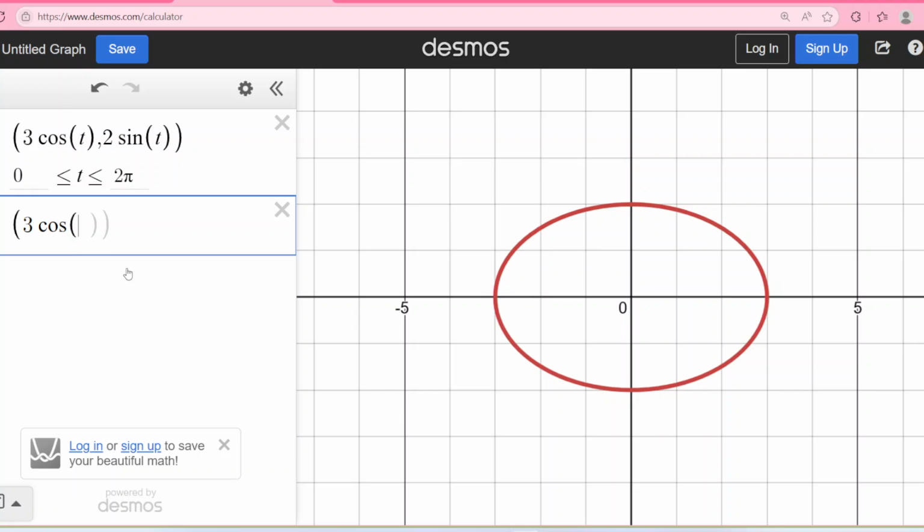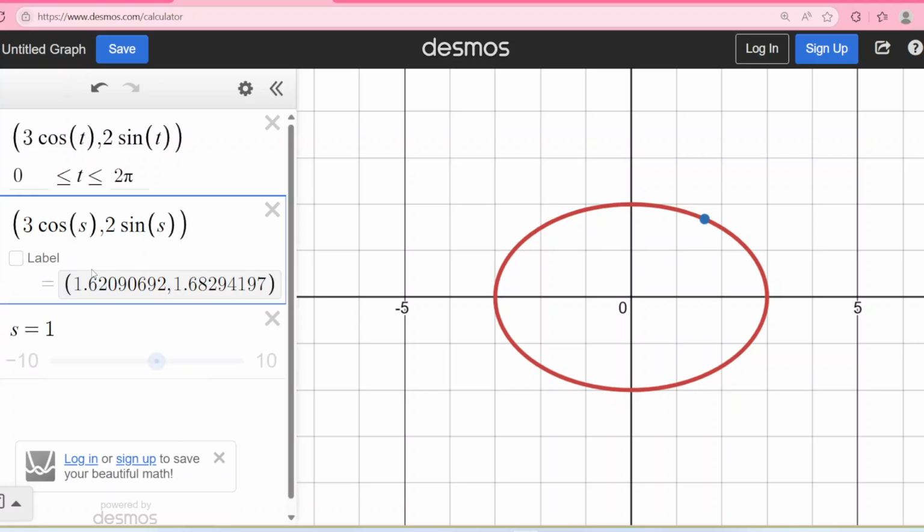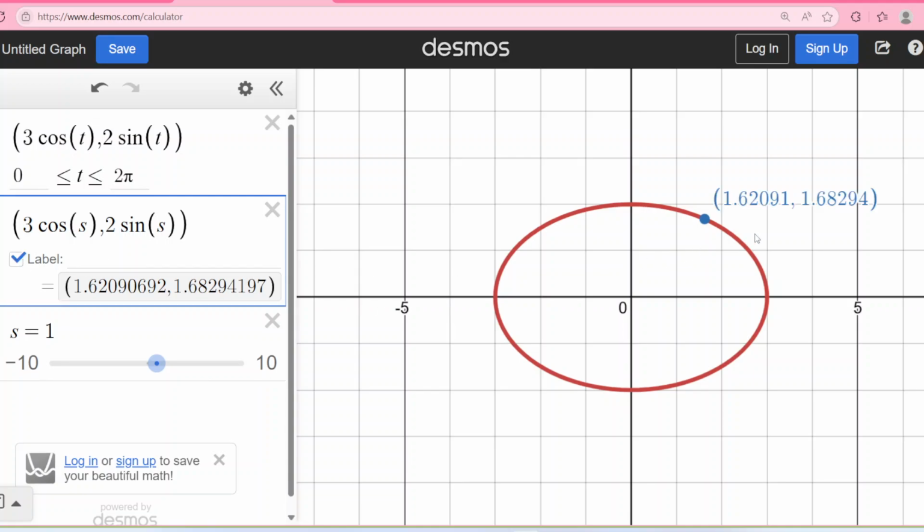I like S. You can use any other letter, maybe just not X or Y. So instead of t, I have S, and then 2 sine of S. Instead of having a range set up, it'll ask you to add a slider for S. So I'll do that, and you can see now when S equals 1, I'll label it, I'm at this location.